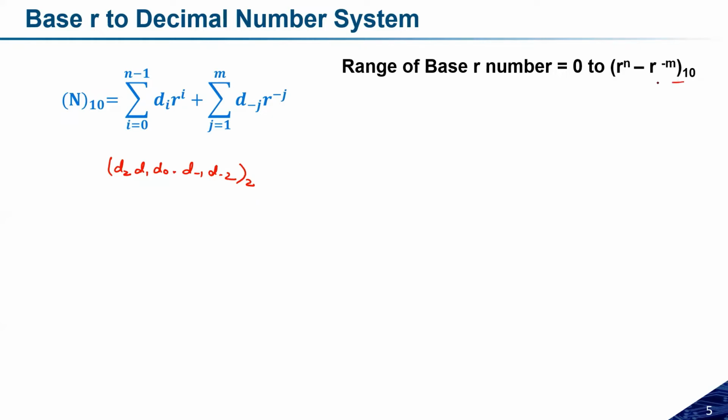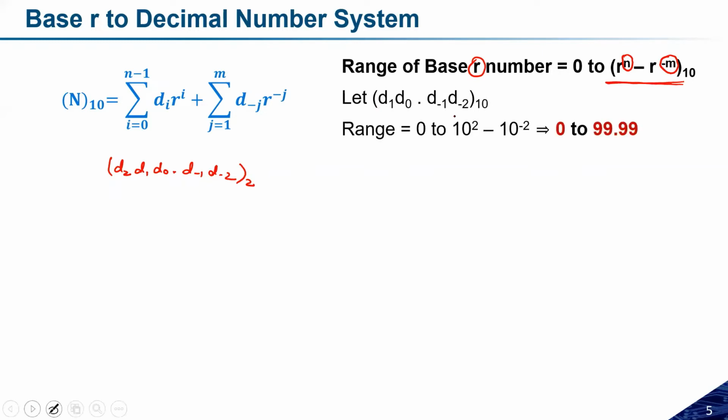So if you have any number with base r, and you know the number of digits in the integer part and in the fractional part, then you can calculate the range of that number that can be represented in the decimal number system. Suppose I have a number like d1 d2, and let us assume this kind of information is given.